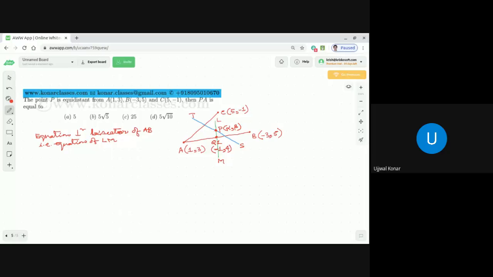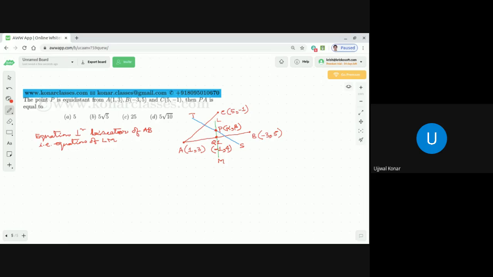You may think, sir, why are we doing the perpendicular bisector? This question may come to your mind. If we construct the triangle ABC, then the perpendicular bisectors of its sides intersect at a point, and that point is known as the circumcenter. That means if we construct a circle which passes through all the 3 points A, B, C, then P will be the center of that circle.